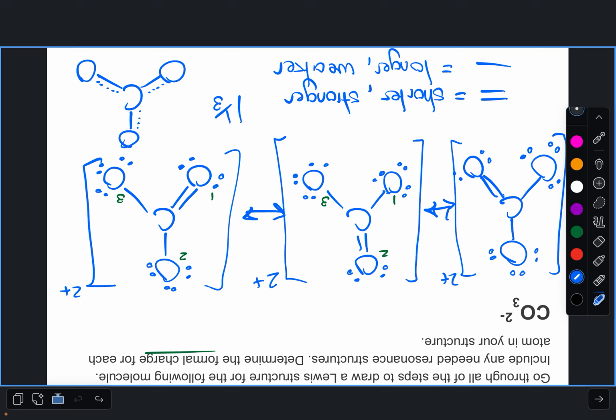But when you have equivalent structures where the only difference is really where you're placing that additional bond, then you need to draw all of the possibilities. And then the real answer to what is the Lewis structure of carbonate needs to be all 3 of these together. So this is resonance structures.